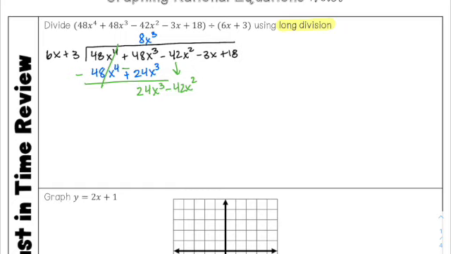24x cubed divided by 6x is 4x squared. 4x squared times 6x is 24x cubed. 4x squared times 3 is 12x squared.